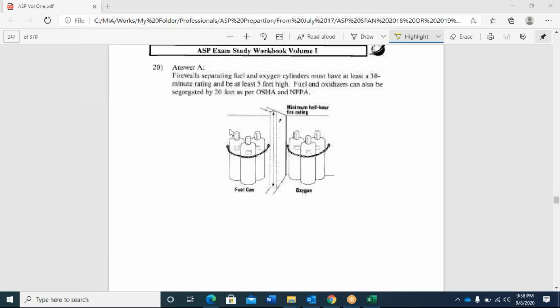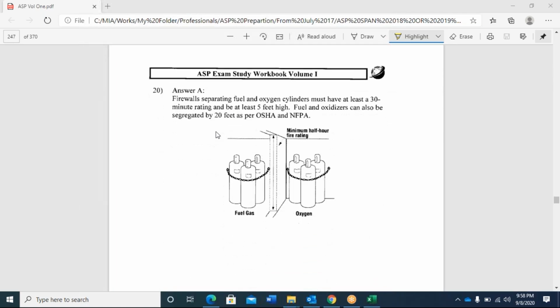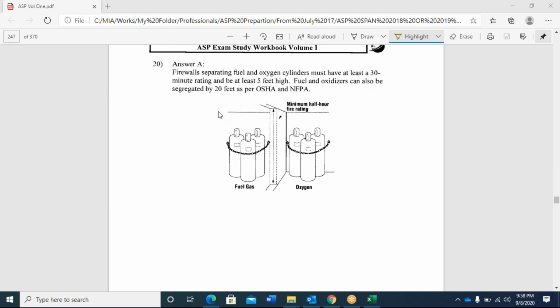Now we will move on. What about this firewall? My question is about the firewall, about the ceiling between the cylinders. It should be fire rated for how many minutes? It will be 30 minutes.